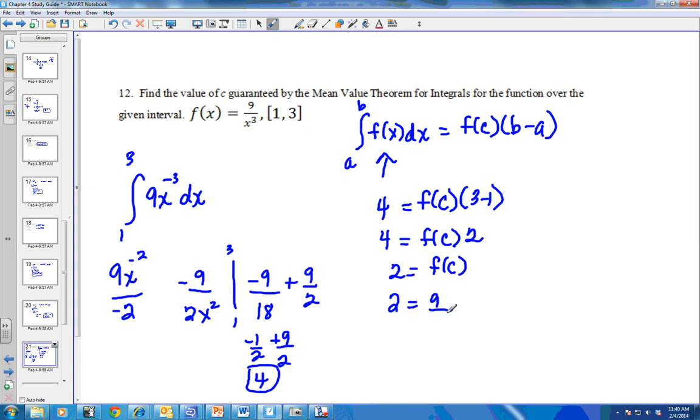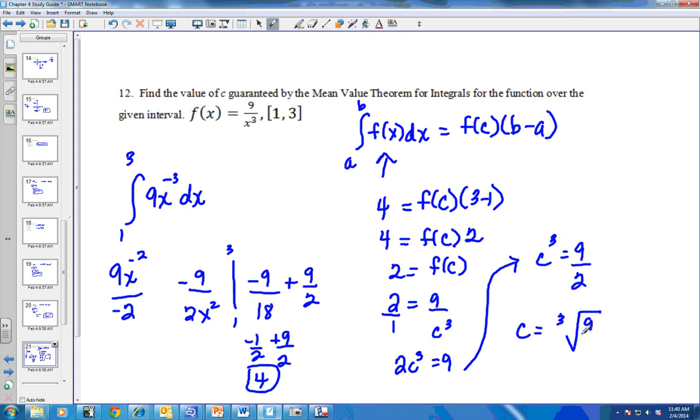So 9 over c cubed, cross multiply, and I get 2c cubed equals 9. That means c cubed equals 9 halves. And take the cubed root of both sides. C equals the cubed root of 9 over 2. So that's the value of c.